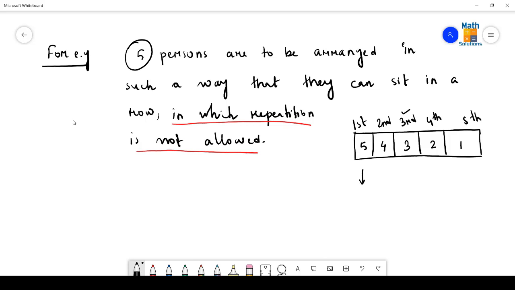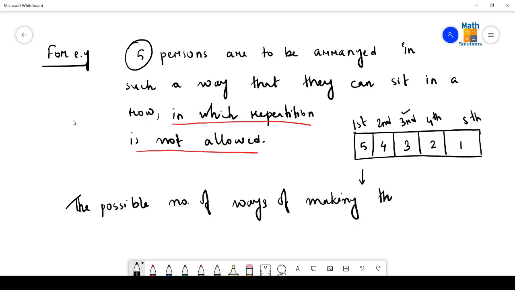So in this case, the possible number of ways of making this arrangement will be equal to 5 into 4 into 3 into 2 into 1, that is equal to 5 factorial.